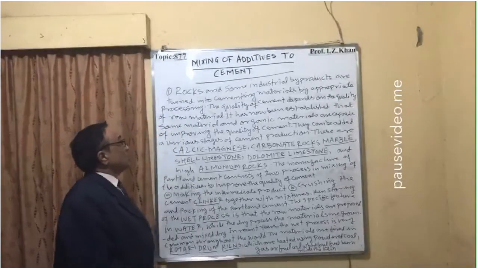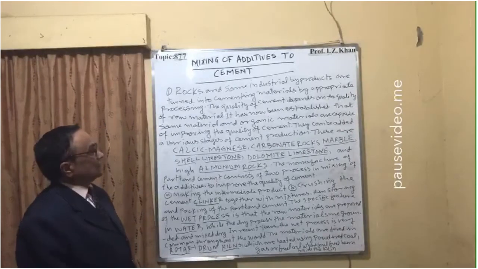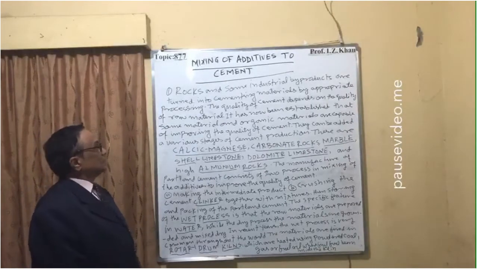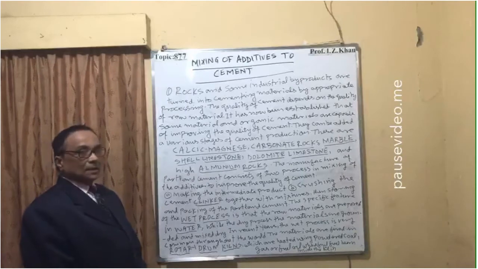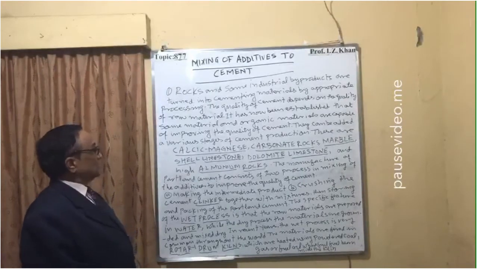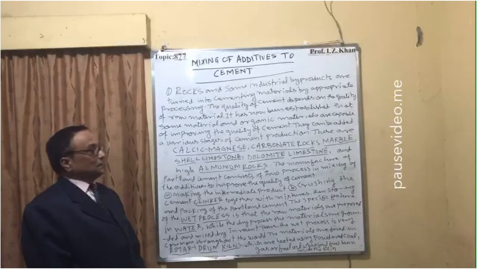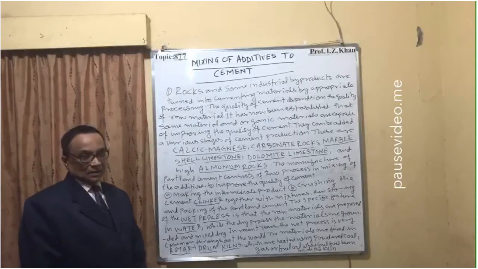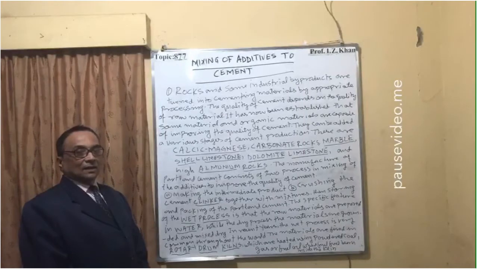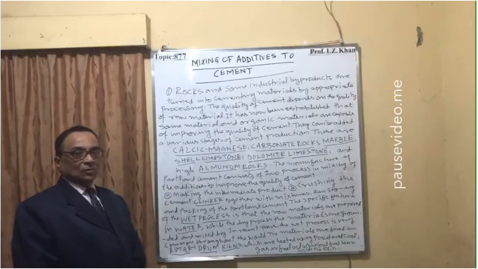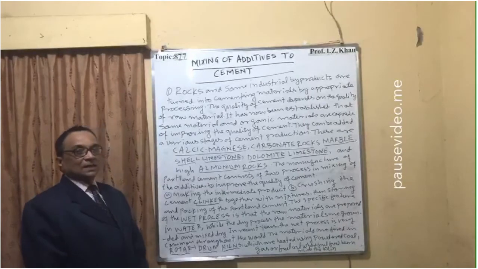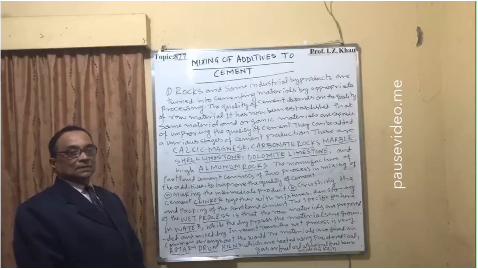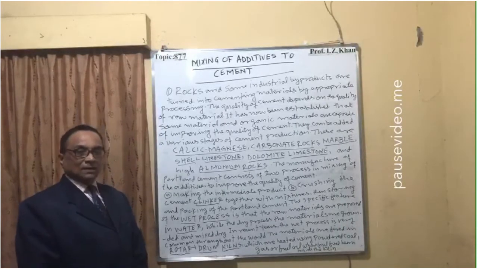Number one, rocks and some industrial products are turned into cementing materials by appropriate processing. The quality of cement depends on the quality of materials. So it is very clear that high quality cement means high quality material, and that good quality of material comes from the addition of different types of good quality minerals or rocks.